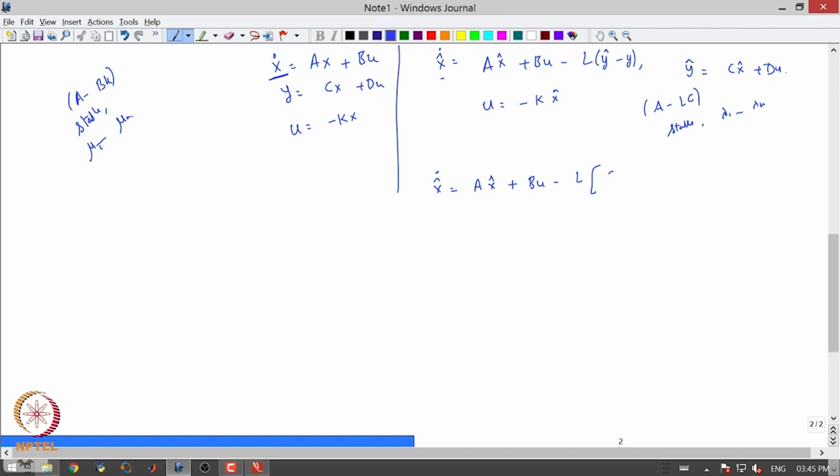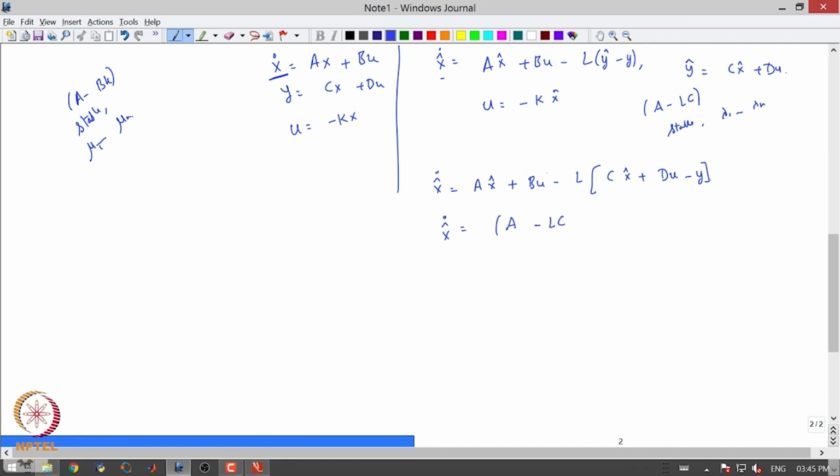Y hat is C x hat plus du minus y. Okay, I can also write this equivalently as x hat dot is equal to A minus LC. Okay.